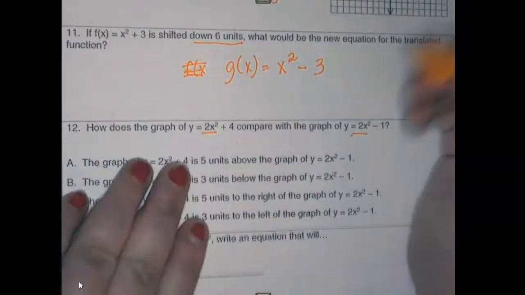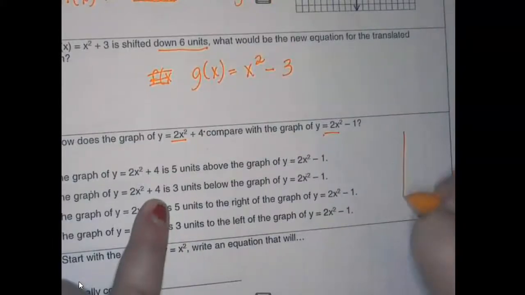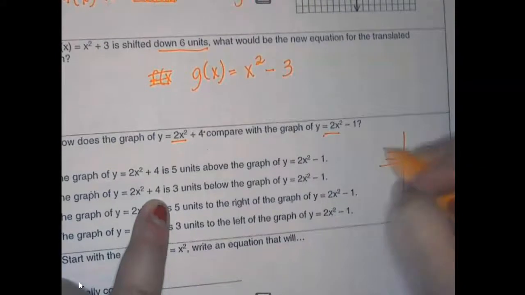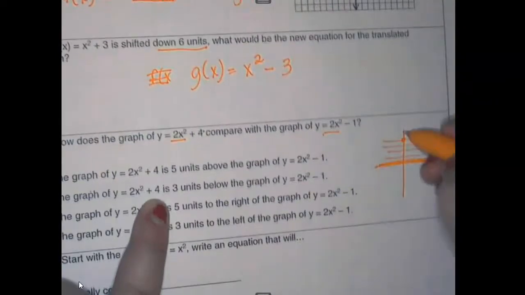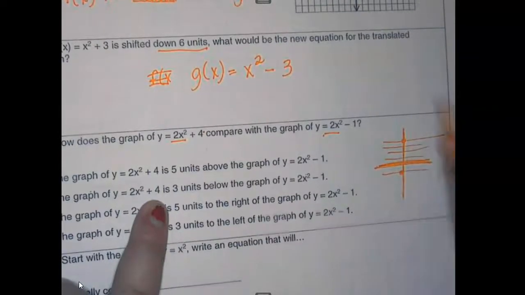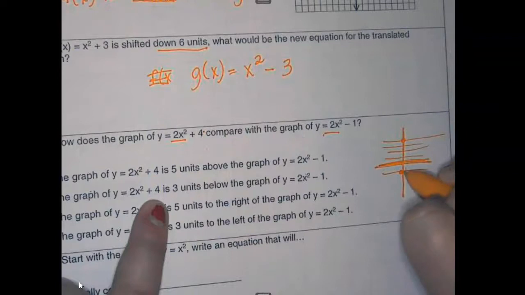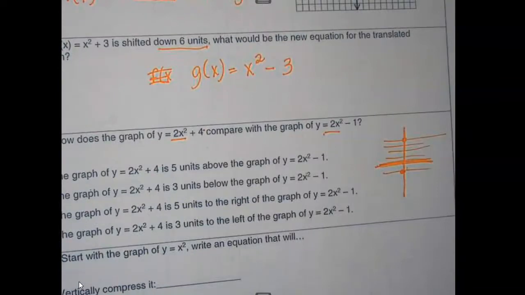So I need to figure out, this one is going to be above, but let's see. If I do my graph, it's right there. My other one is right here. So it's 5 above. You have to graph it to look at it?